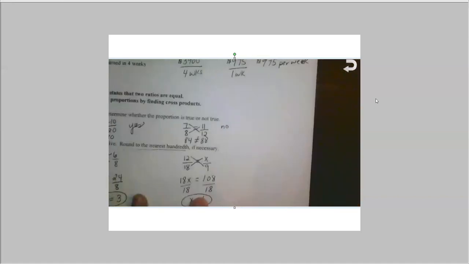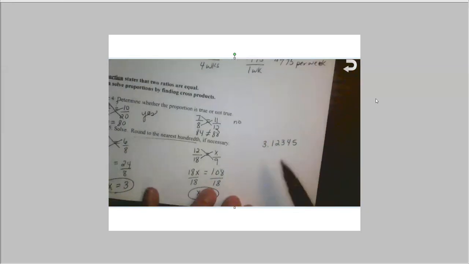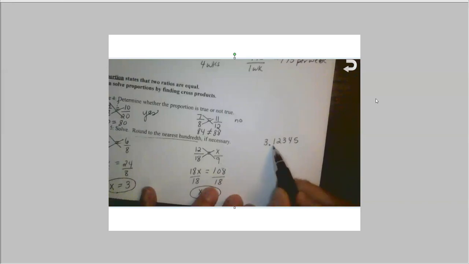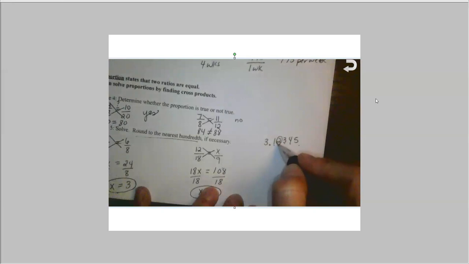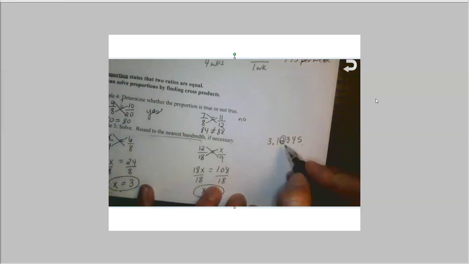Now, let me just talk about decimals. Let me just make up one while we're here. Okay, so remember, past the decimal, we go tenths, hundredths, thousandths, 10 thousandths, 100 thousandths, and that goes on forever. So 2 is in the hundredths spot. If that was an answer and I needed to round to the nearest hundredths place, that means I only want to show 2 numbers past the decimal, but I have to look at that 3rd decimal position to decide if this stays a 2 or if it becomes a 3.